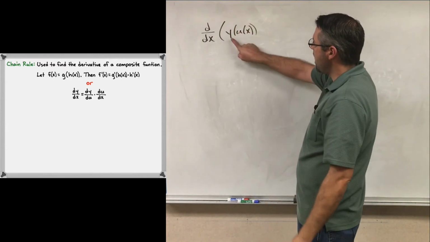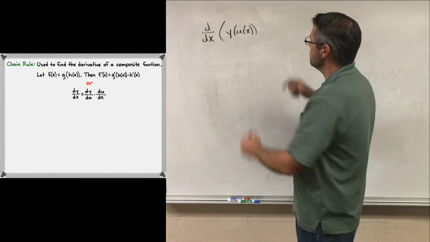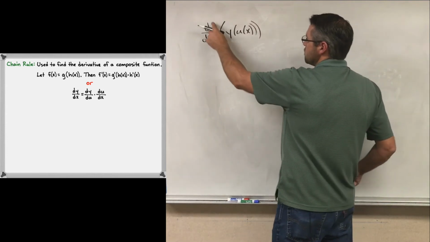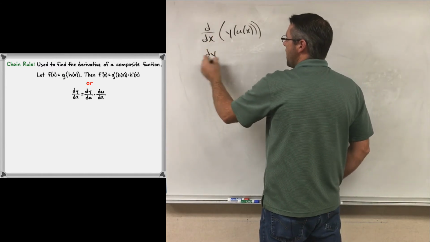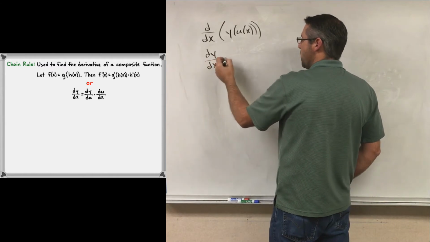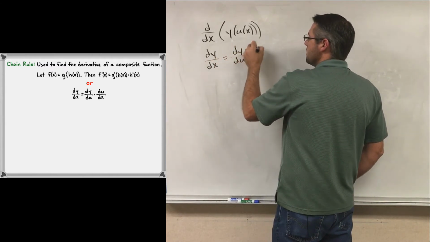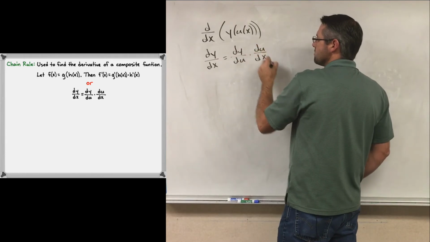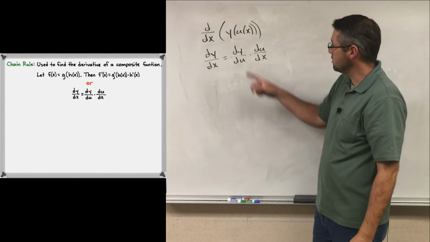So you can see that y is the function, and we have an inside function here, a composition. So we're taking the derivative in respect to x. So our final answer should be dy dx. Well, dy dx is equal to dy du times du dx. That's just a logical statement, right? I mean, the fraction reduced and you're left with dy dx.